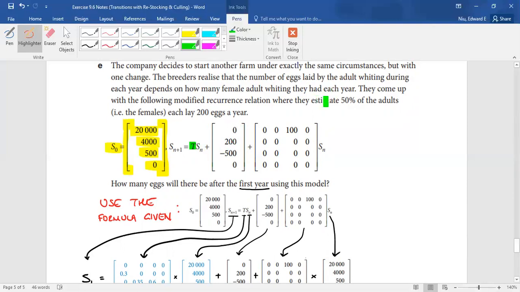They're relying on female births to lay 200 eggs a year. And so what they're hoping is this 200 eggs then becomes babies. Once they become babies, they can then become autonomous, and then hopefully they survive into adulthood. But they still sell 500 to the restaurants. So that's why it's slightly different.